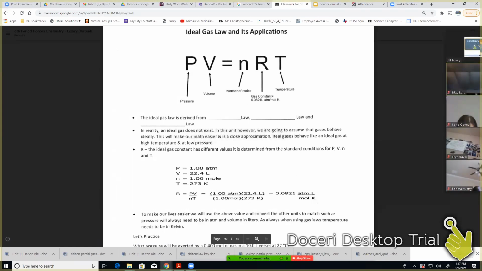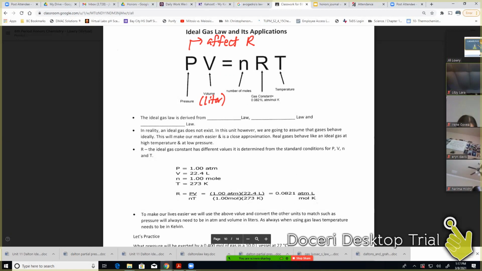So P is my pressure, and that's going to affect R, and I'll talk more about that in a minute. Volume has to be in liters. If it's in milliliters, then you move your decimal back 3 places and turn it into liters before you put it into this formula, because liters is the only thing that will cancel.